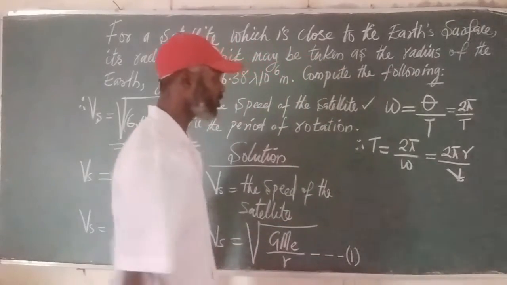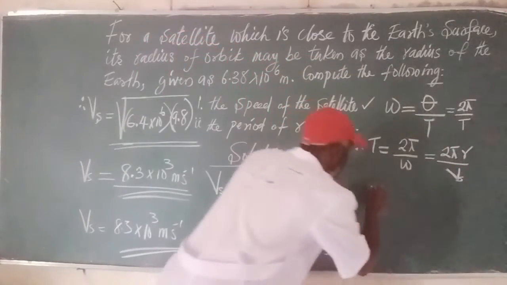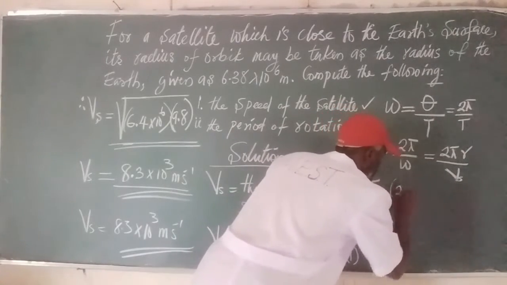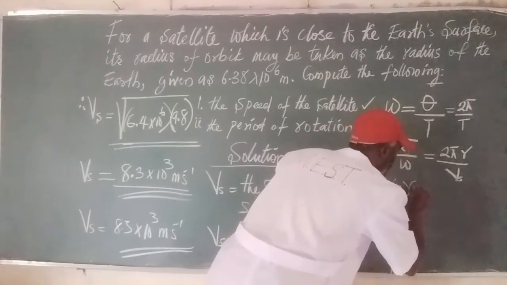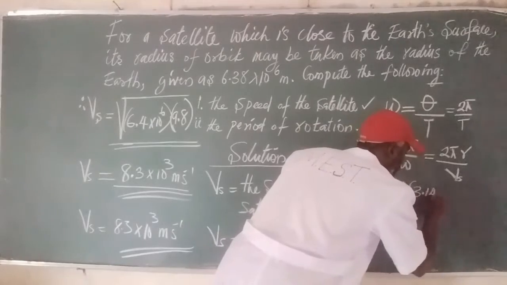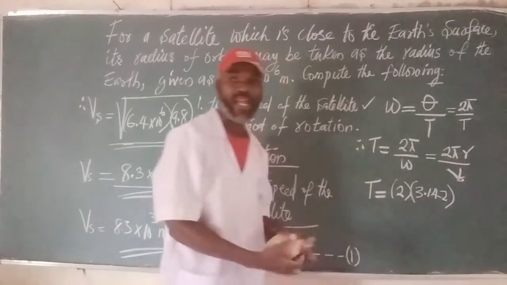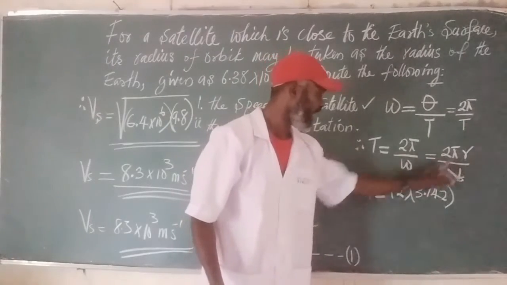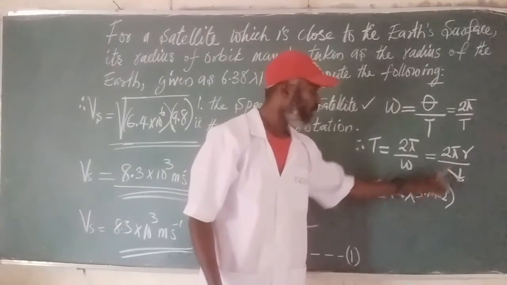So we can now substitute. If we substitute, we now have t is equal to bracket 2, close bracket, open again, pi is 3.142. That's for pi. I'm substituting for this. This is 2, and then pi is taking this value.